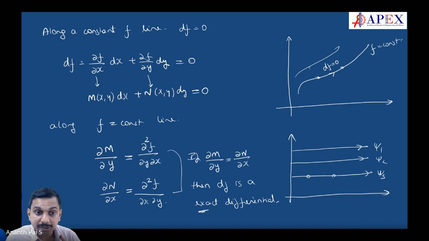Just because I can write something like M of x,y dx plus N of x,y dy, that doesn't mean this represents a function. If it represents a function which is a point function of x,y, then that exists and that's an exact differential.